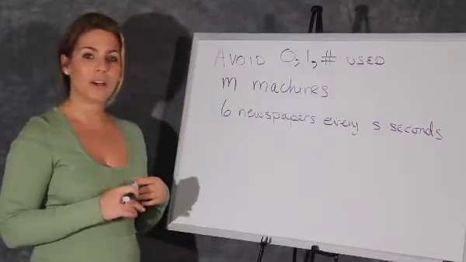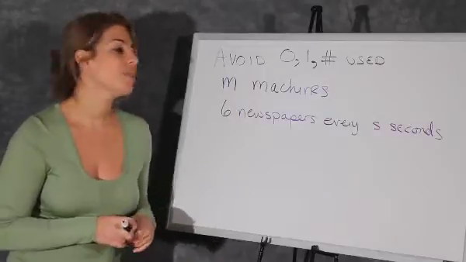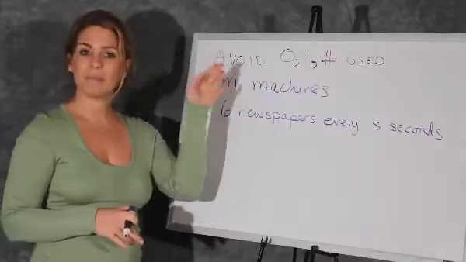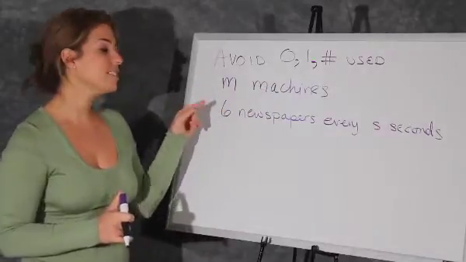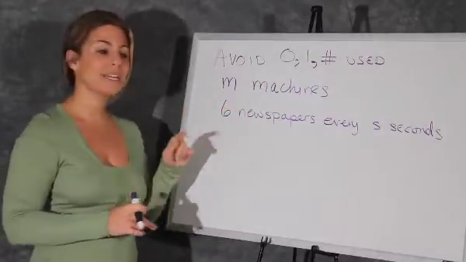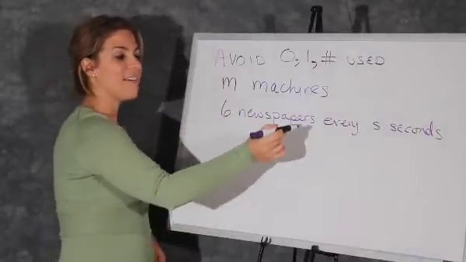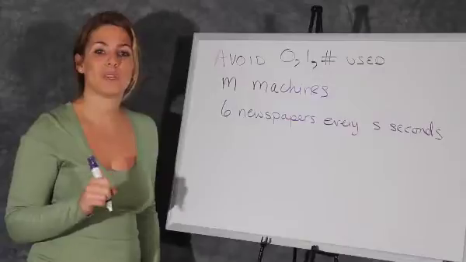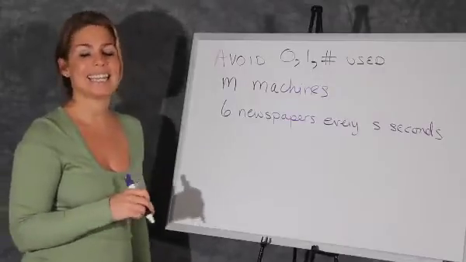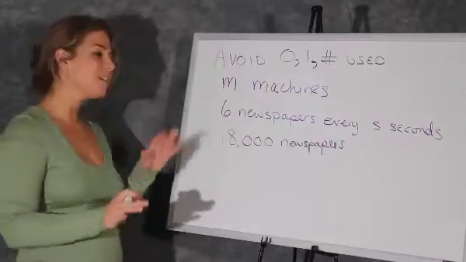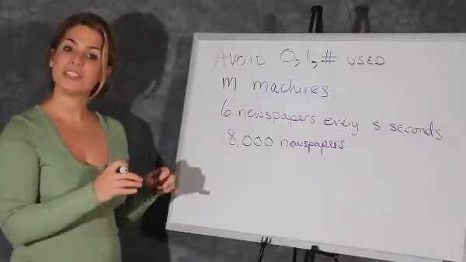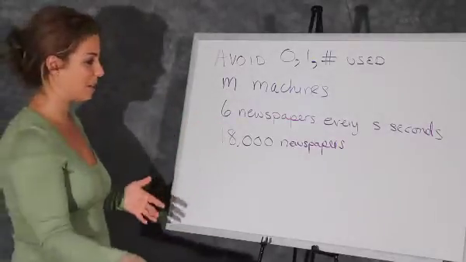So this word question says, if there is a factory that has M machines, and each of the M machines prints 6 newspapers every S seconds, how many seconds will it take to print 18,000 newspapers? So now we're going to apply this technique to a question and see how magical it can be.